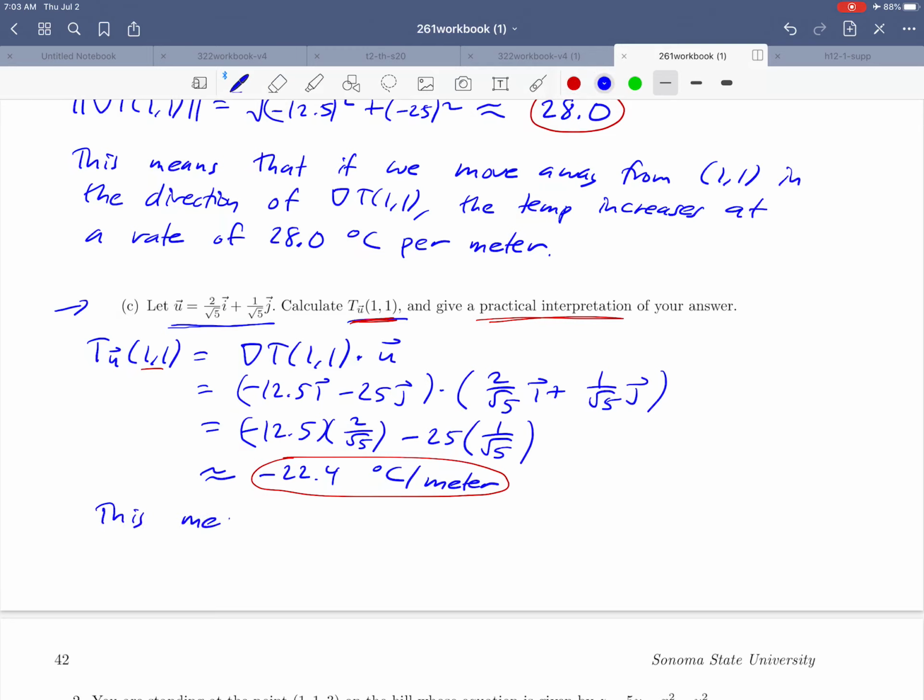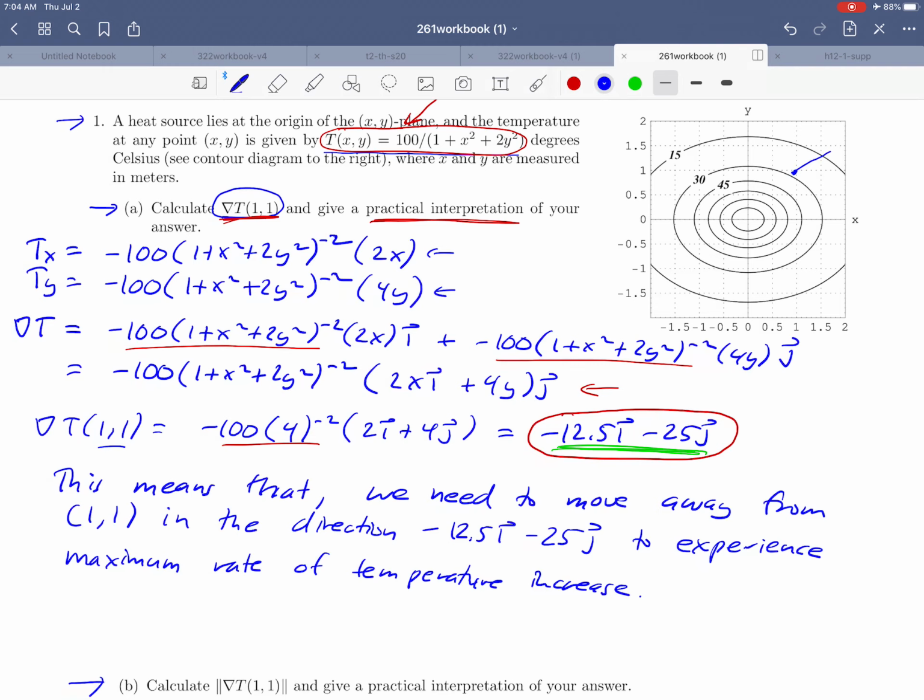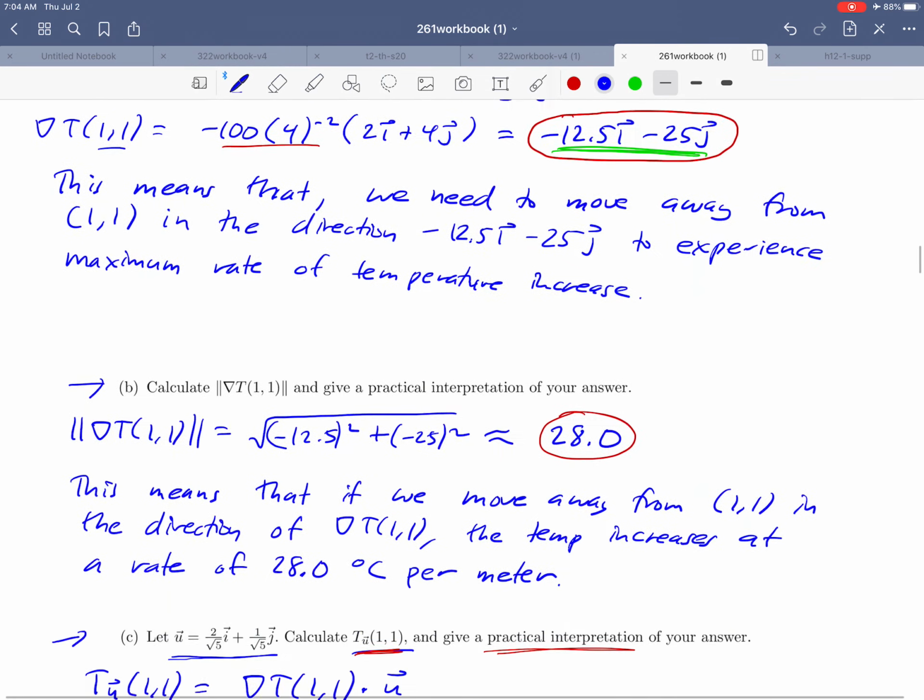And u, if you get decimals for the x and y components, you'll discover that it looks roughly like this. Ask yourself, does it look like the temperature should be decreasing as we move in that direction? Kind of does, because we're starting near the contour of 30, we're moving through the contour 15, that's a decrease in temperature, so it makes sense that our answer to the last part should be negative.